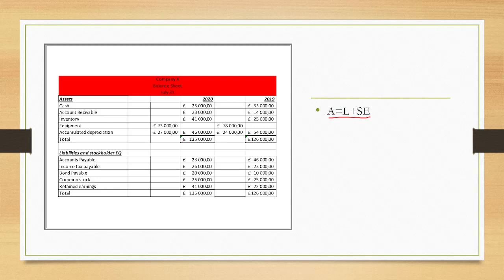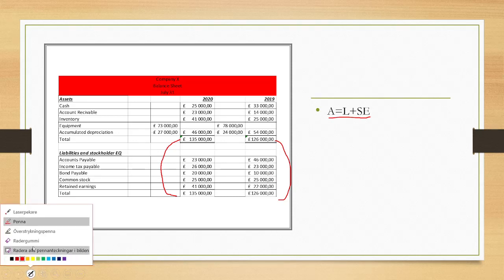The total assets here are 135,000, and the total liabilities and shareholder equity is 135, which is equal in 2020, and for 2019, 126 and 126 is also equal. This means that if you have done this balance sheet before going to this statement, your balance sheet is pretty much calculated right, let me put it like that.